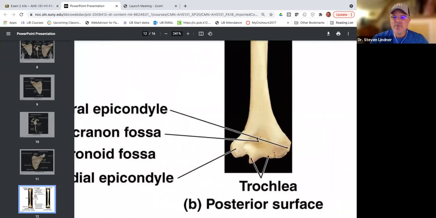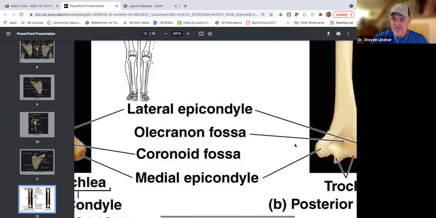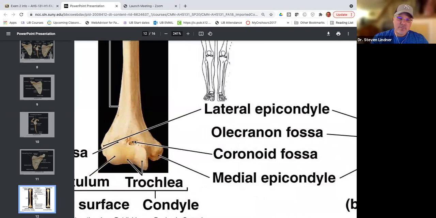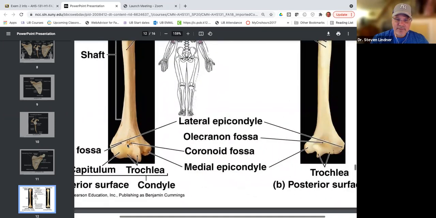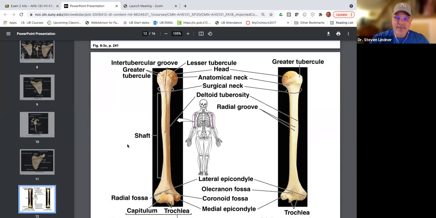There's one smooth depression on that distal posterior side, and it's called the olecranon fossa. So if you only see one fossa, you're looking at the bone from the posterior. If we see two fossas, we're looking at it from the anterior. Okay, let me zoom out here a little bit so we can look at the other structures.